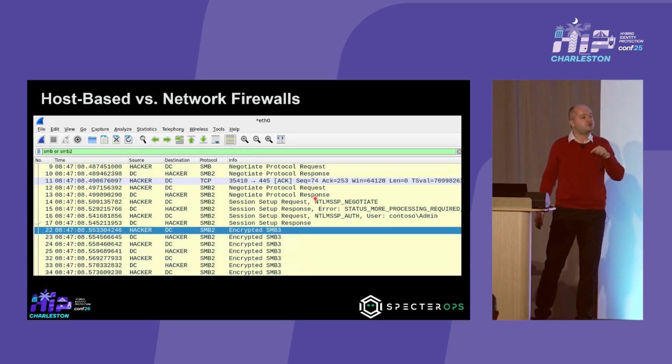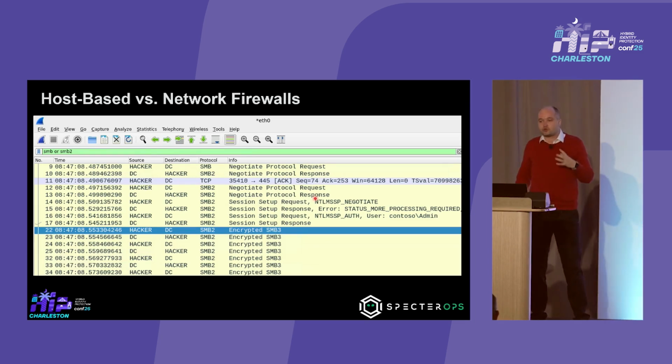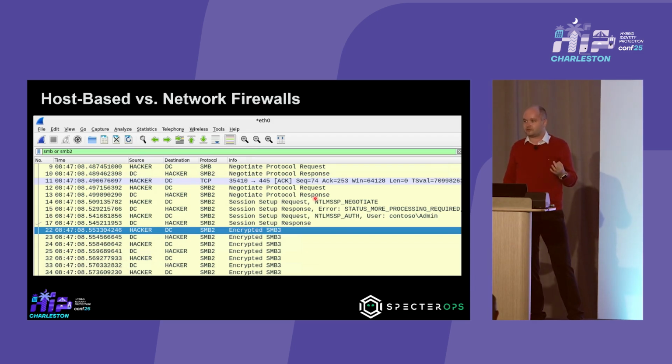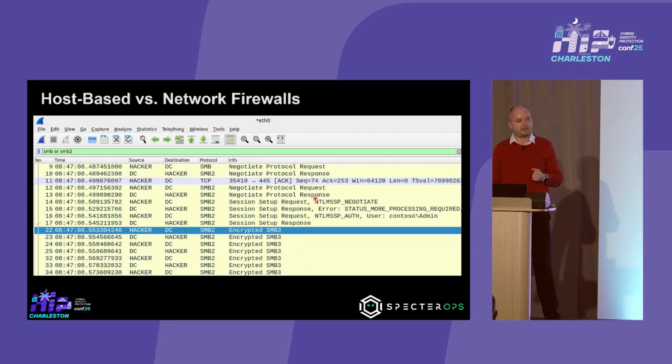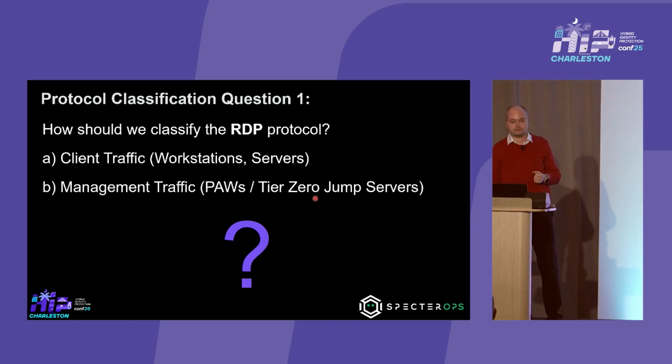And that's a huge problem, that this is not just file and printer sharing. This is remote computer management as well, if you have enough permissions. So deploying host-based firewalls is really critical.